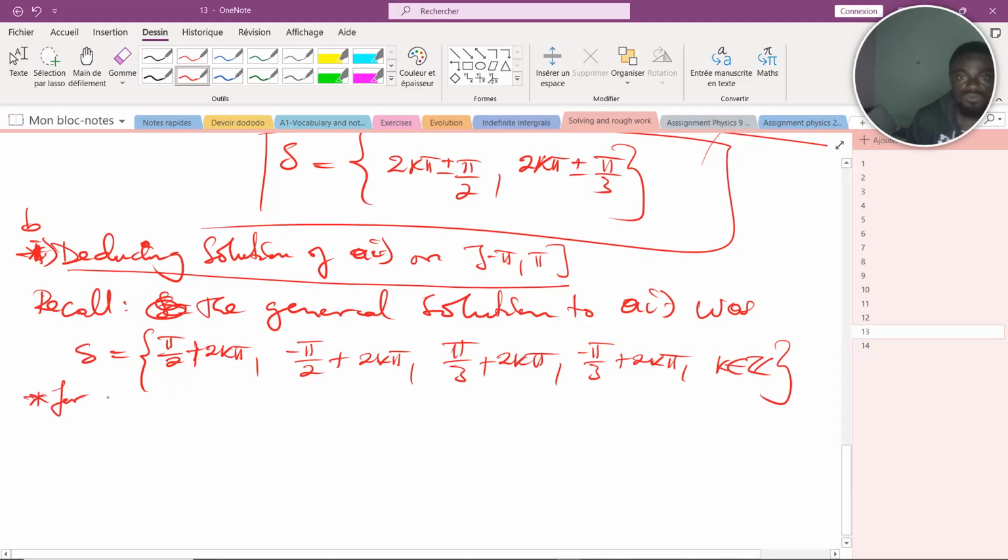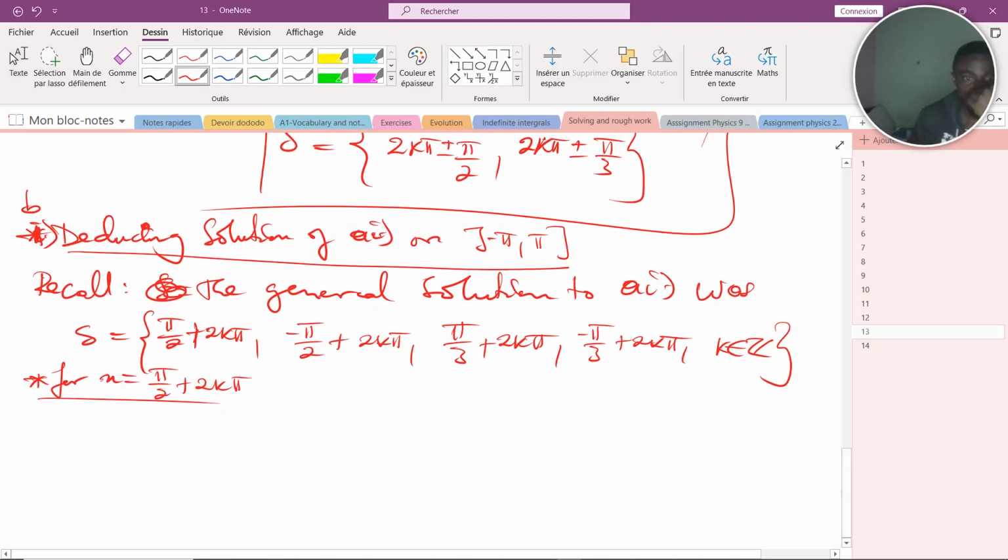For x being equal to pi on 2 plus 2k pi, for this first one. Recall that x belongs to what? Minus pi pi, according to the exercise. That is, x is strictly greater than minus pi but less than or equal to pi.